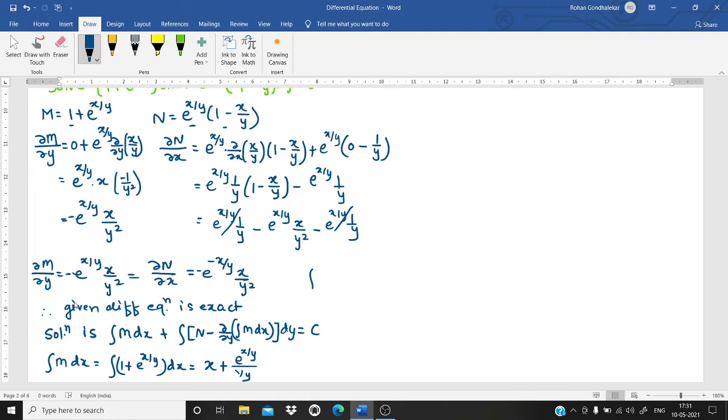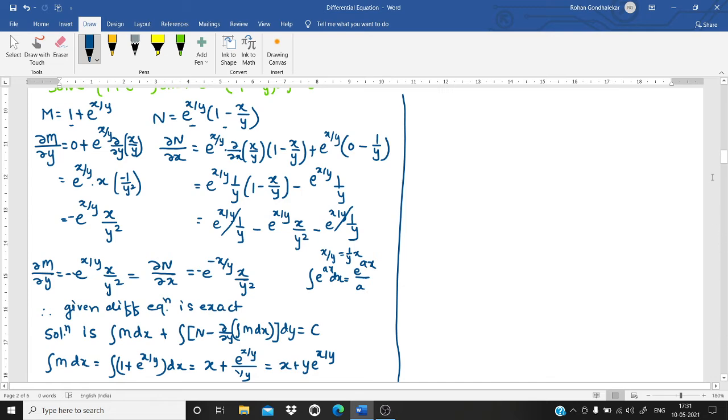In other words, the integration of e^(ax) dx is e^(ax)/a. So what is a in this problem? x/y can be written as (1/y) into x, so a is 1/y. Hence I am getting x + y e^(x/y). Clear? Okay.